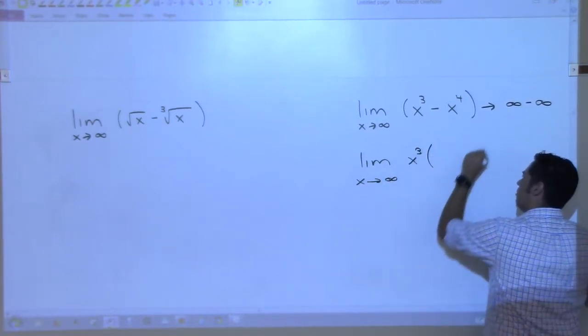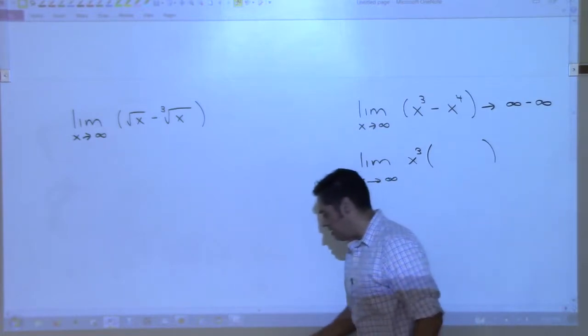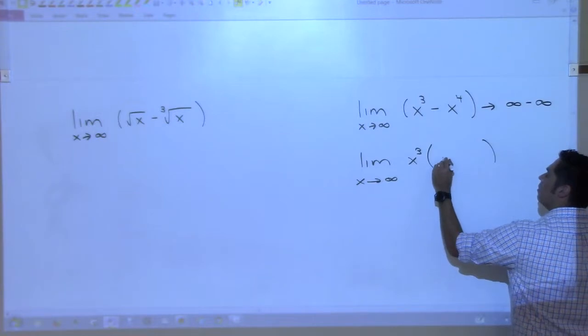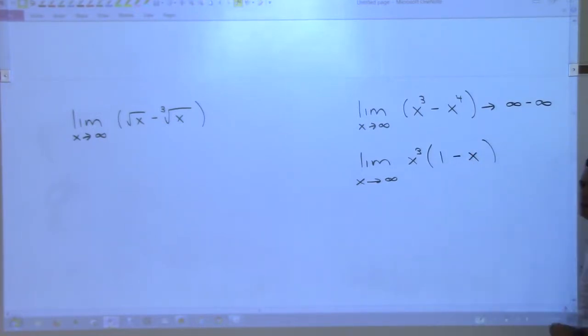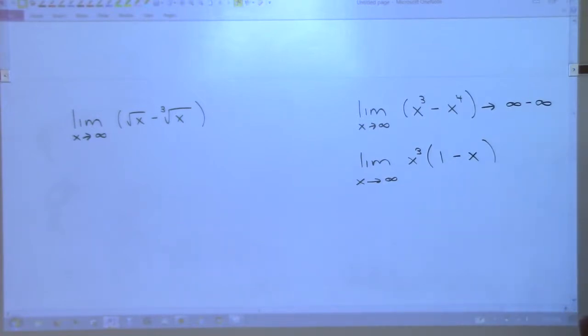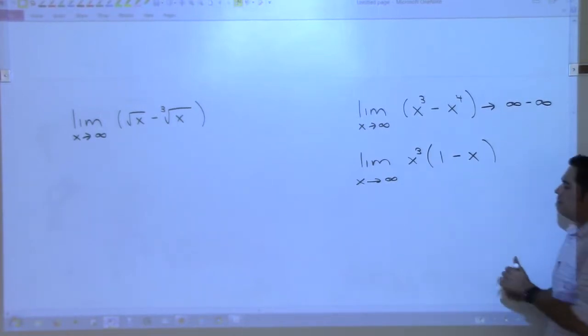And when you pull x cubed out, Juan, what am I left with inside that parentheses? 1 minus x. Yep, okay. Now, Aaron, where's that headed? Infinity.